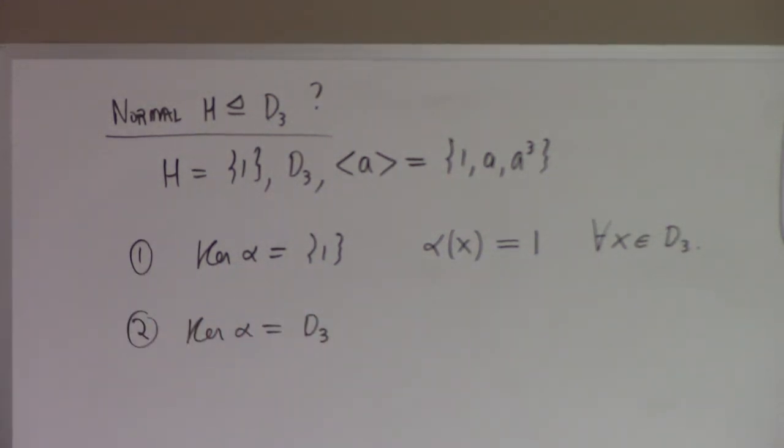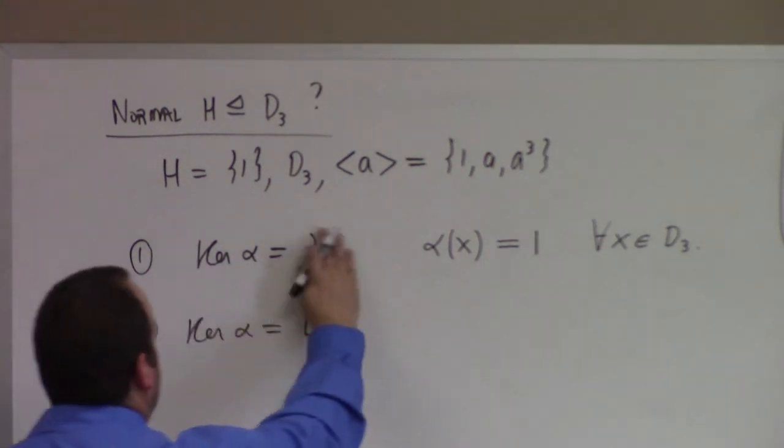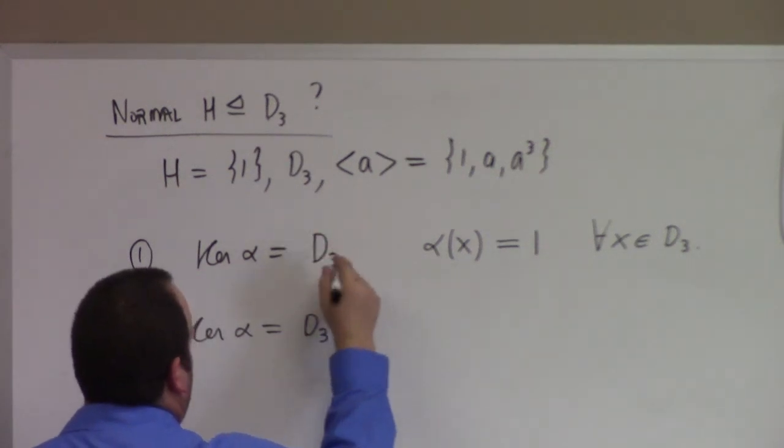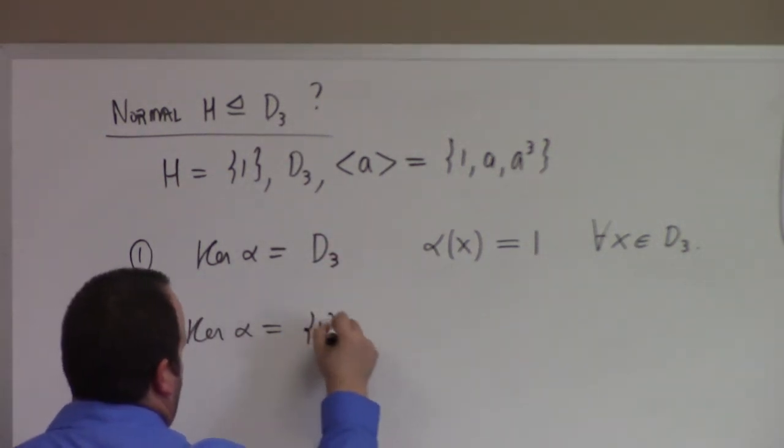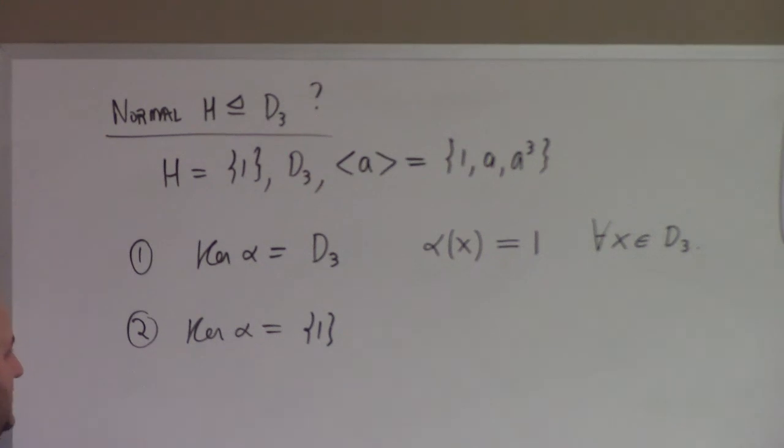This is a homomorphism. Oh, I'm sorry. You're right. There we go. Sorry about that. So if I do that, then I get the whole thing being the kernel, right? So how can I make the kernel just 1?